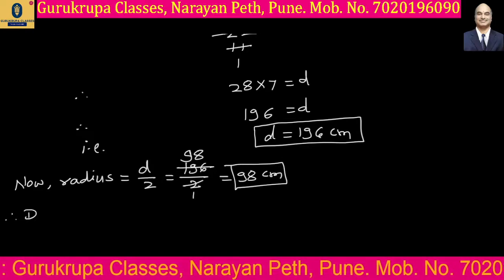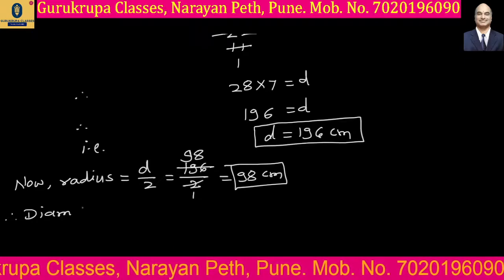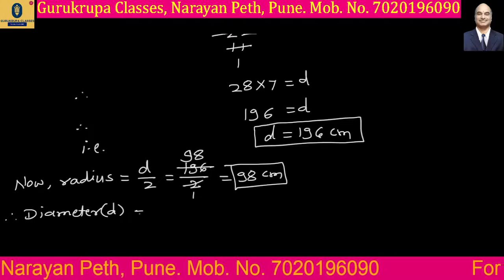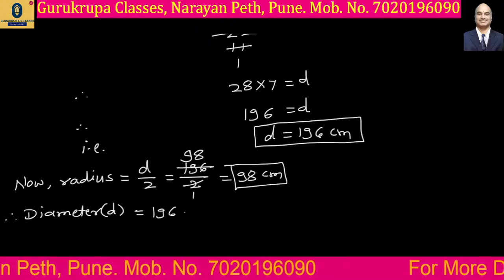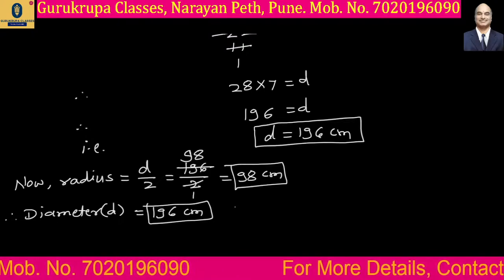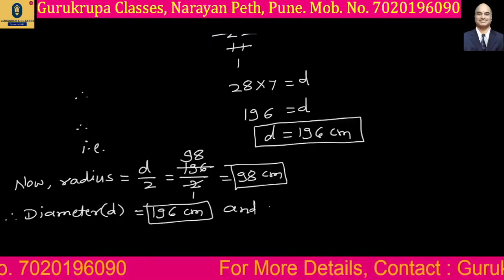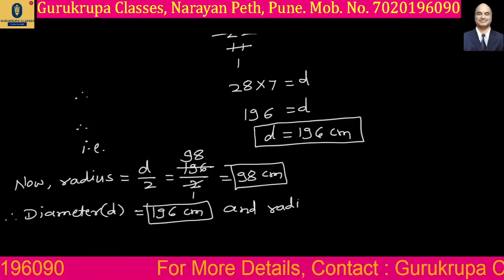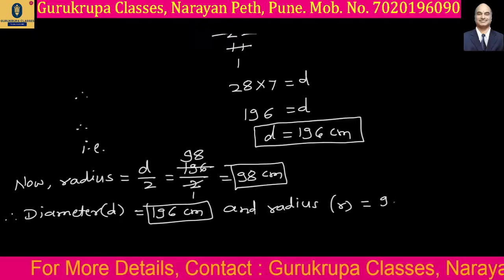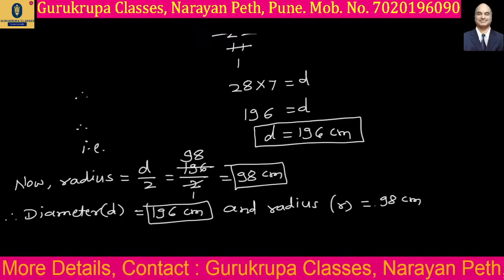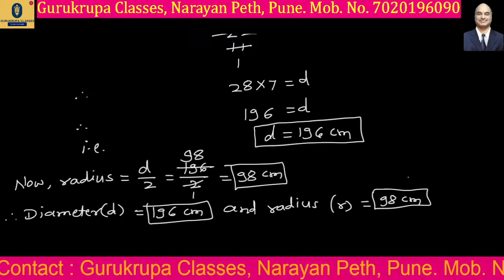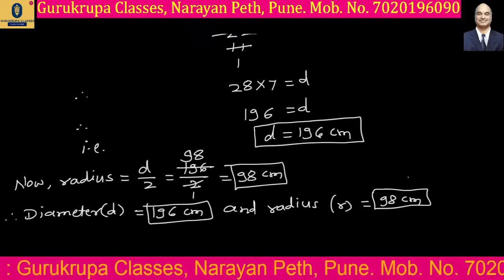So therefore, two things we have found here as they asked you: diameter D is equal to 196 centimeter, box that answer, and radius R, which is half of the diameter, 98 centimeter. So these are the two answers of the questions they asked you to solve.